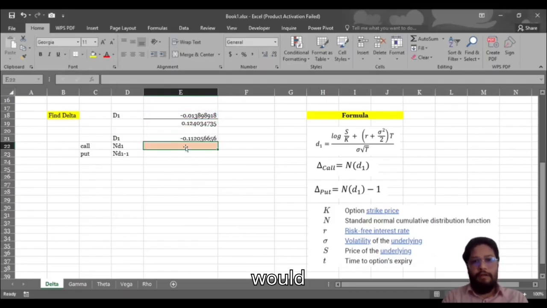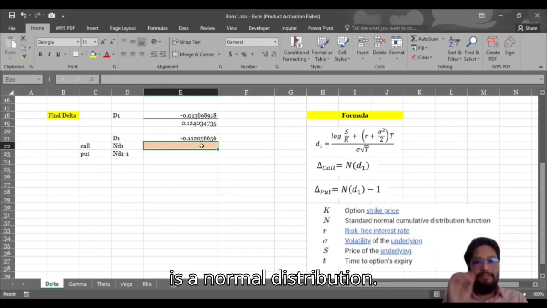So D1 would be, we have, minus 0.11205656, right? So N(D1) is our normal distribution.